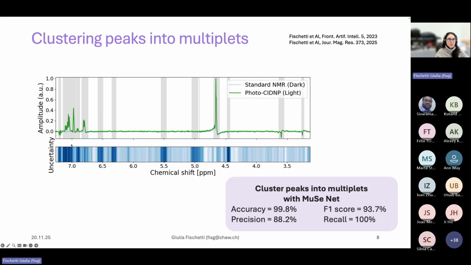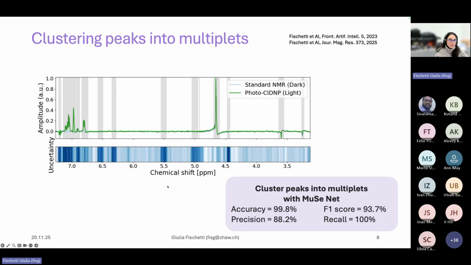It is able to detect the position of the multiplets, and also to classify the multiplets with respect to their splitting patterns. In this case, we are not using the multiplet splitting pattern information. It also gives an uncertainty on the prediction, so that it's more reliable and trustworthy.